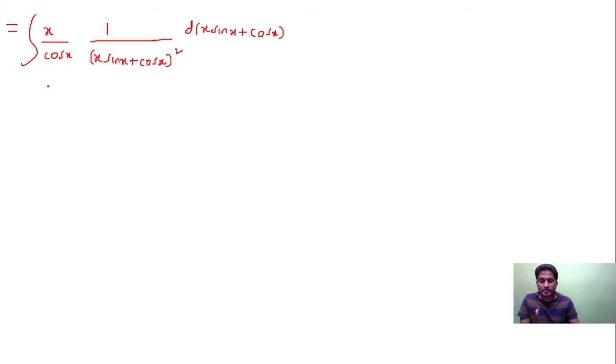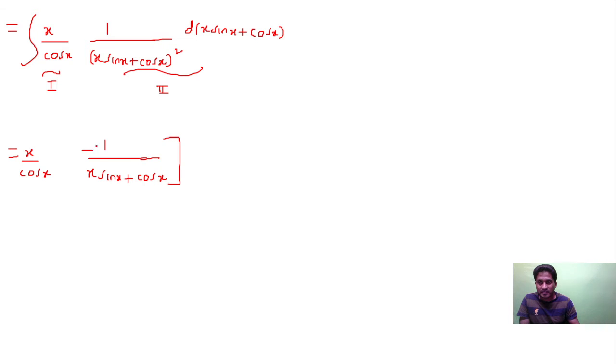Now let us use by parts. This will be first and this will be second. First function is x by cos x. Integration of 1 by x square is minus 1 by x sin x plus cos x. First integral of second, minus integral of second.